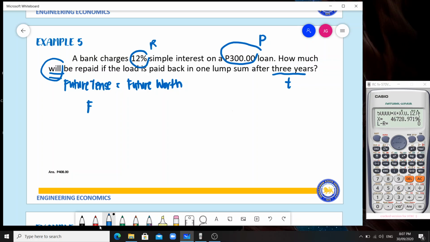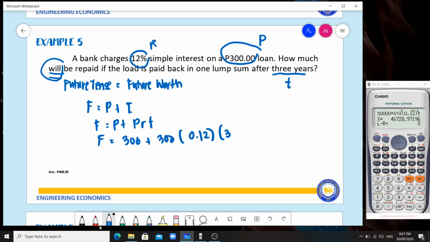So, F is equals to P plus I or F is equals to P plus PRT. F is equals to 300 pesos plus 300 pesos times 0.12 times, naka-years na siya, so no problem. Naka-years na, so 3 years.